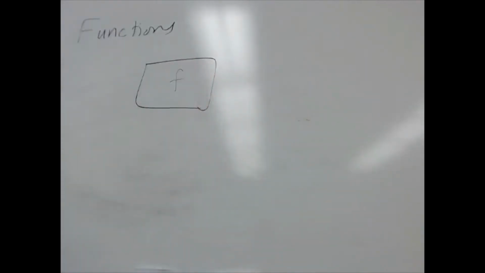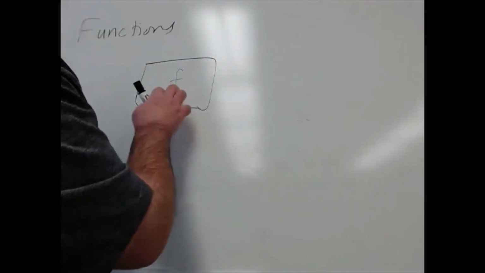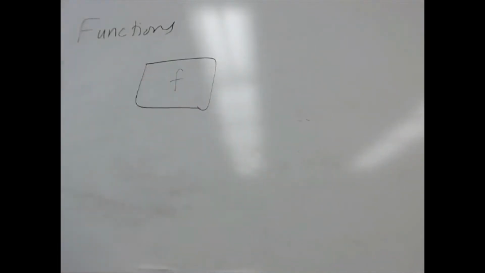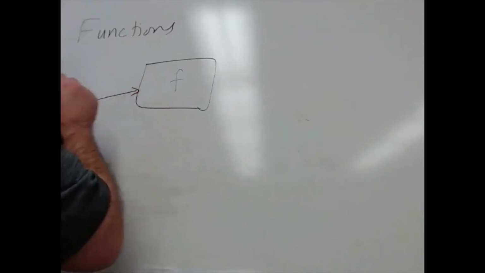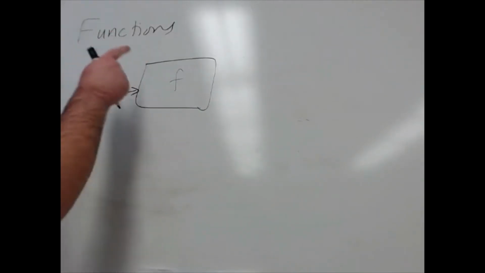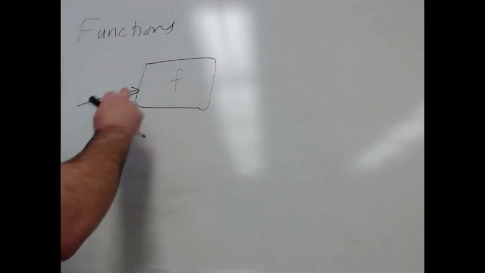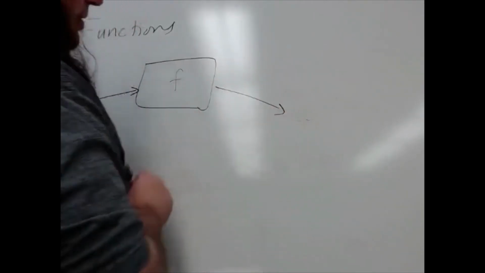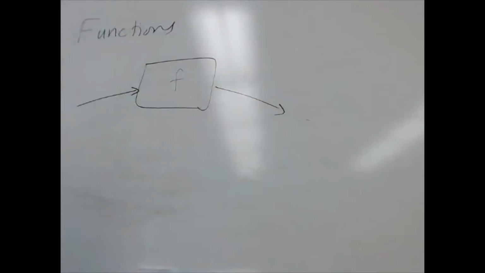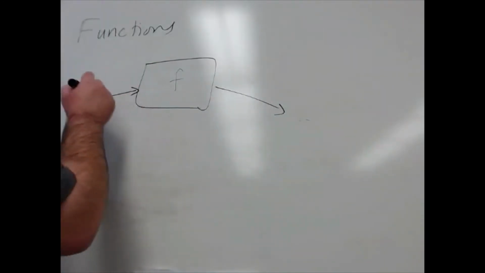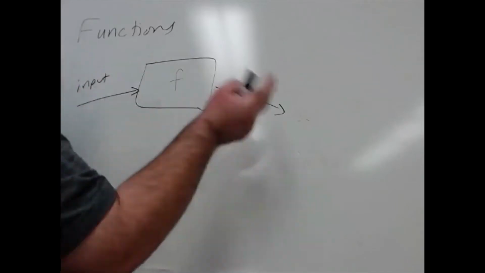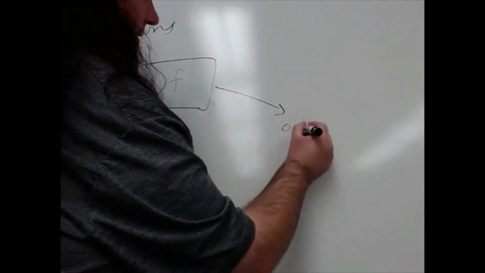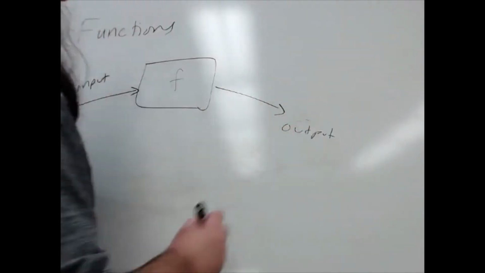F for function. So what this machine does is anytime I take some kind of input and put it into the machine, it's going to spit out something else. Everything that I'm putting in is called an input, and everything that the machine spits out is called the output.